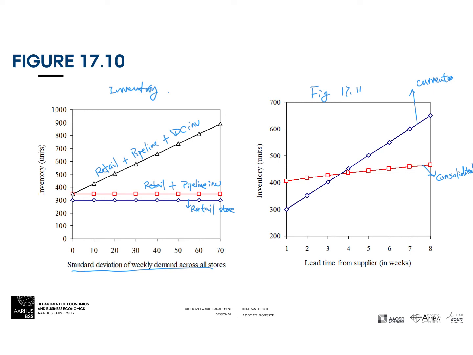So now you can see if you pool the lead time together, with the increase of your lead time on the horizontal axis, your total inventory actually increases not as significantly as the current system. Of course, you can see when your lead time actually is shorter, the average inventory for the current direct delivery actually is performing better than your pooled lead time system. So that's all about the analytical comparison when you choose different types of systems.